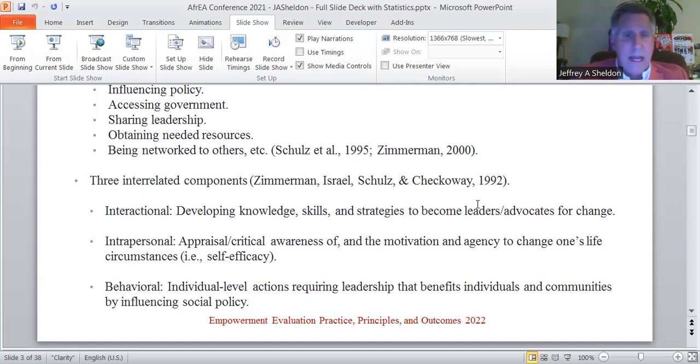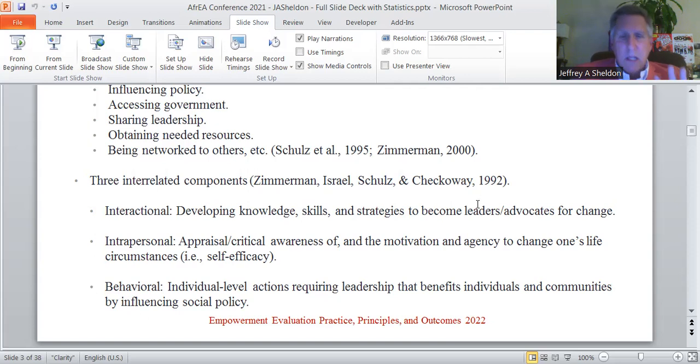There's also an interpersonal component. People develop an appraisal, or critical awareness, of their life circumstances, and the motivation and agency to change them, which is also known as self-efficacy.